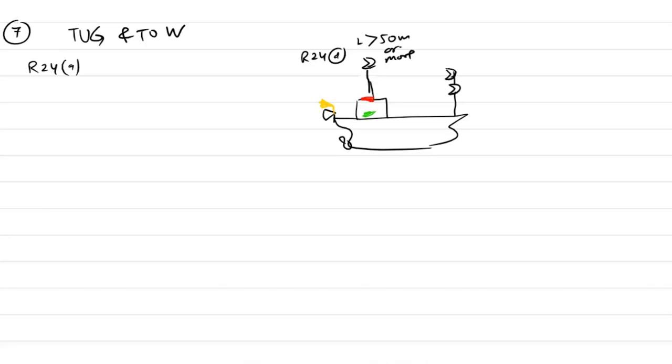Now, a vessel or object being towed. Suppose there is a vessel or object being towed. It is going to have sidelights, this and this one. The red light you will not be able to see, and the stern light.